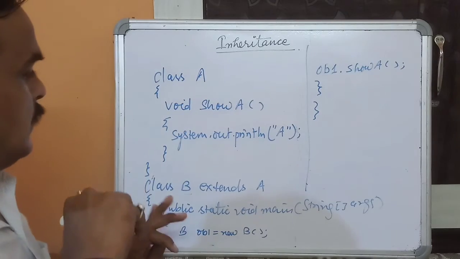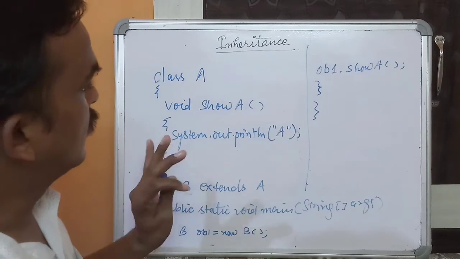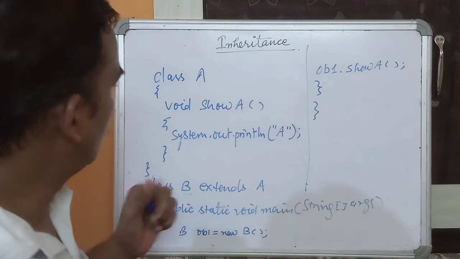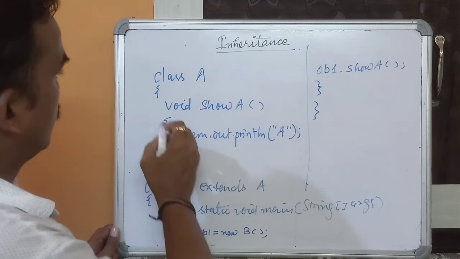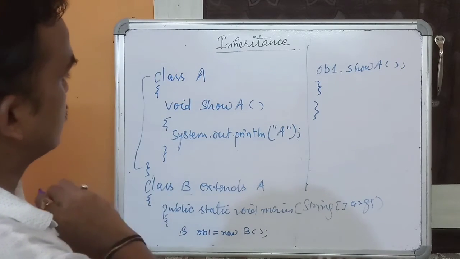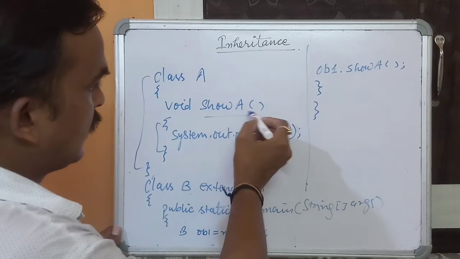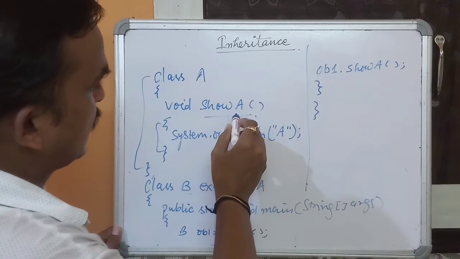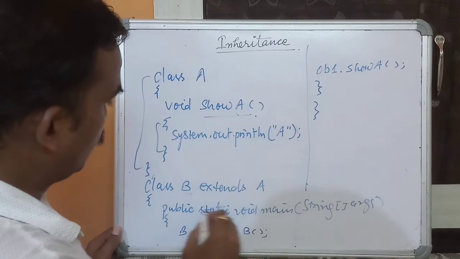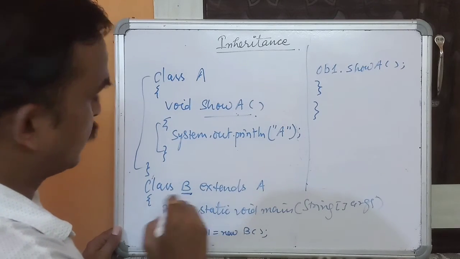So this is the simple example of inheritance, in which we mention one class with a method showA, and we are calling the method by using the object of another class.